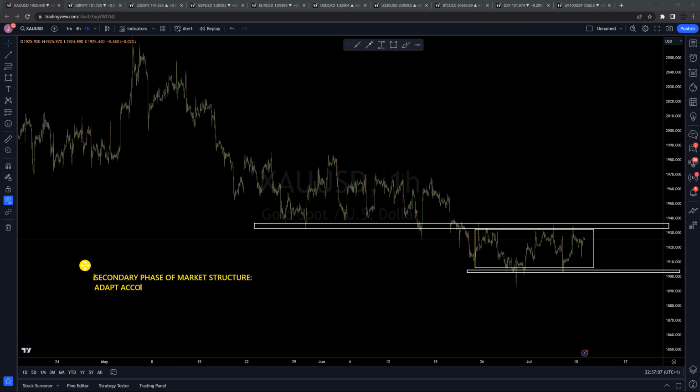And we want to adapt accordingly to that secondary phase of market structure because more times than not, a secondary phase of market structure, such as a pullback phase on the intraday or higher time frame, or an accumulation or consolidation, whatever you prefer to call it, right?